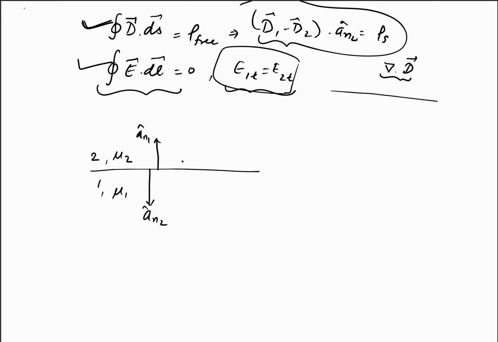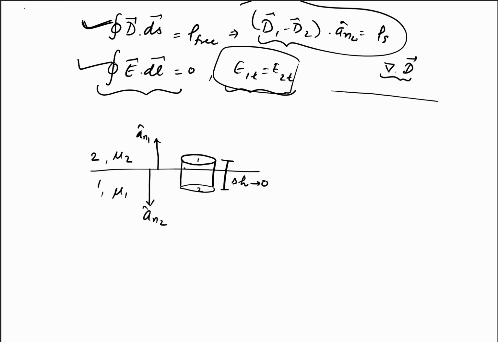For that we will make a pillbox. This is the pillbox, and this height delta h, we will in the limiting case take it to 0. So this is surface 1, this is surface 2.